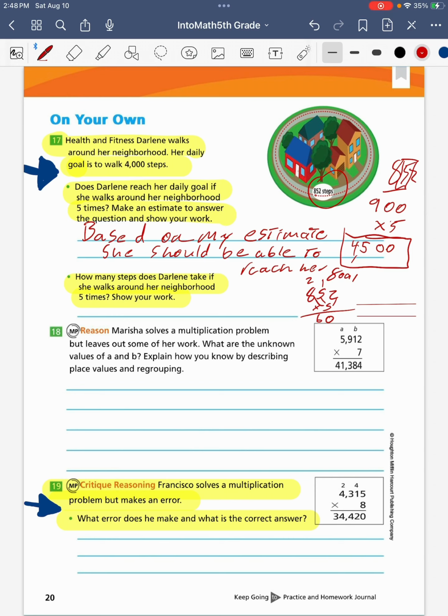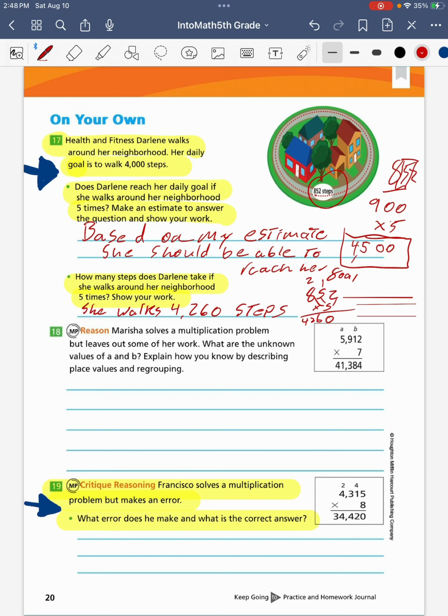Lastly, I do 5 times 800, which gives me 4,000 plus 2, or 42. She walks 4,260 steps, well over her daily goal of 4,000.